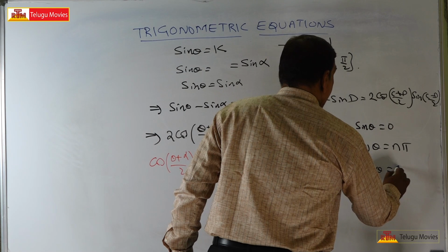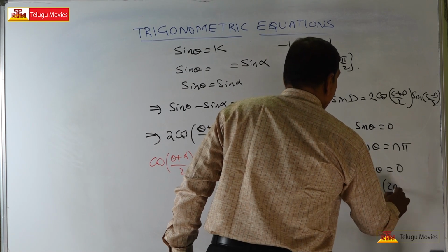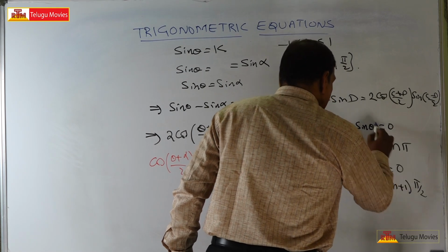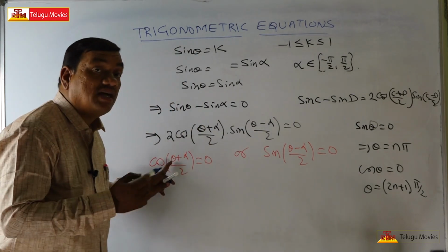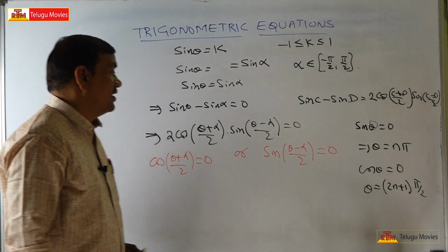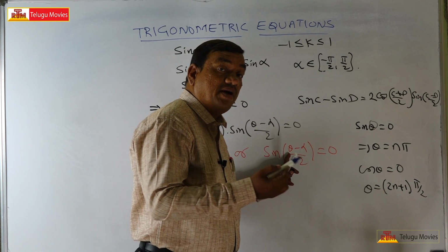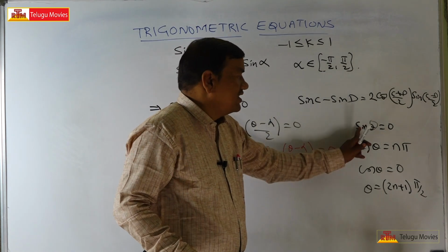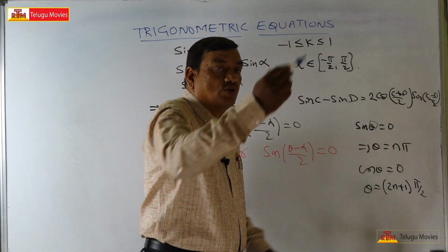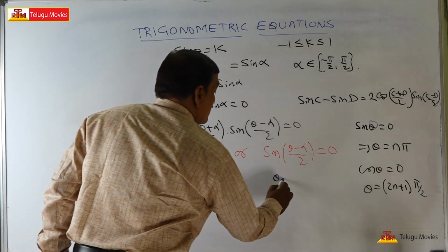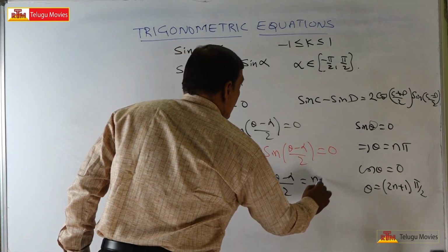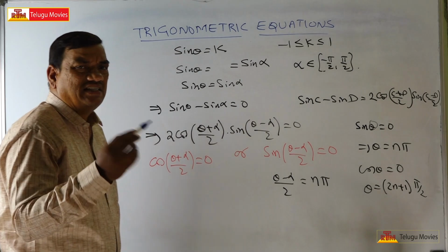If cos theta is equal to 0, theta is equal to 2n plus 1 into pi by 2. Here in place of theta, theta plus alpha by 2 is there, and theta minus alpha by 2 is there. So the same applies. Sin theta is equal to 0 means theta minus alpha by 2 is equal to n pi. Of course, n is an integer.